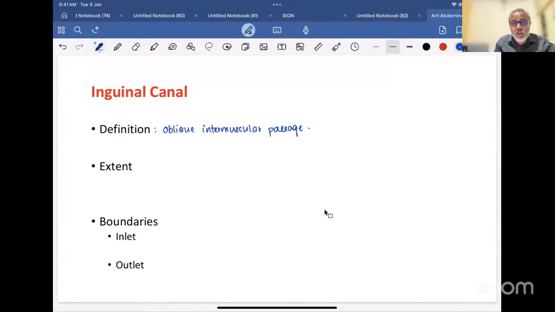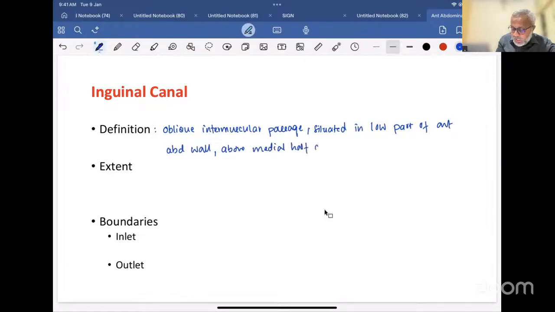Remember, it's an oblique intermuscular passage situated in the lower part of the anterior abdominal wall, just above the medial half of the inguinal ligament, right? Medial half of inguinal ligament.